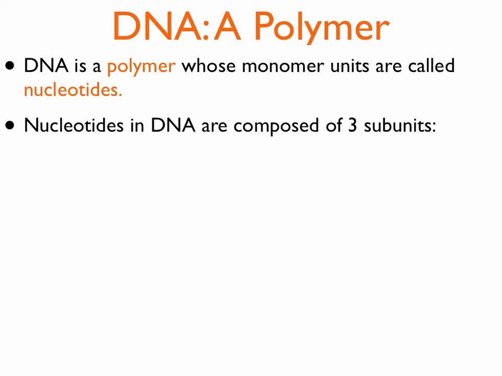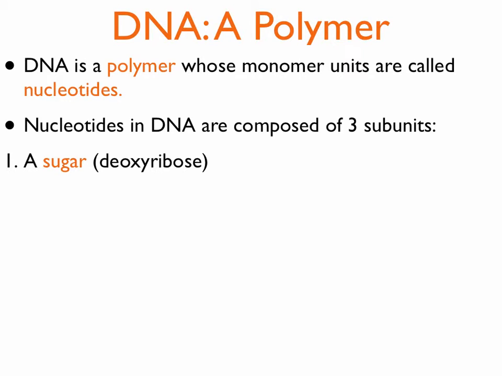Now, it's not too complex because if you thought about glucose, it would be fair to say that glucose is made up of carbon atoms, hydrogen atoms, and oxygen atoms. And so we sometimes refer to carbohydrates as CHOs because we know they're made up of 3 smaller parts. Well, that's true of a nucleotide.